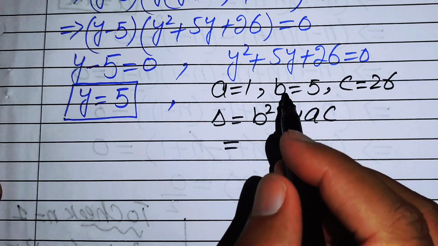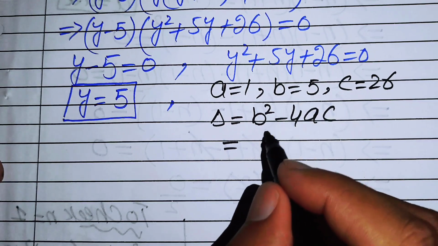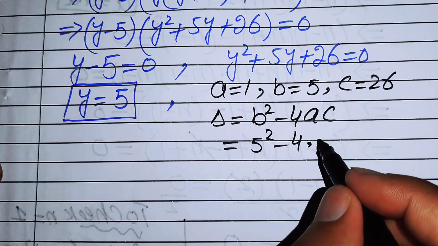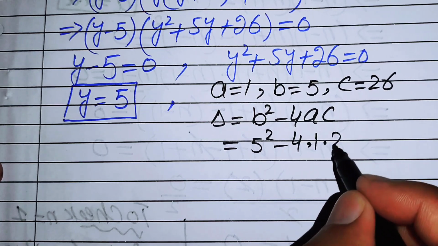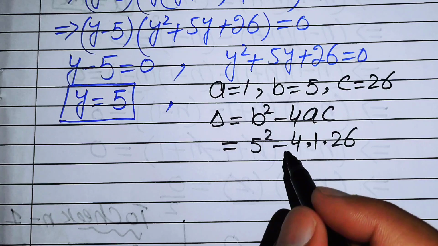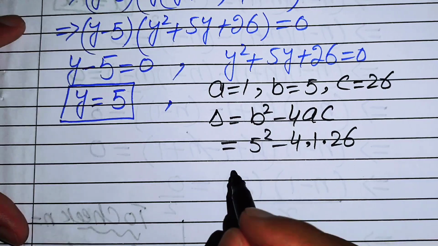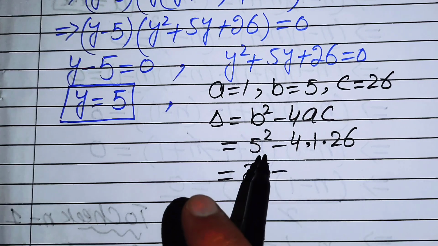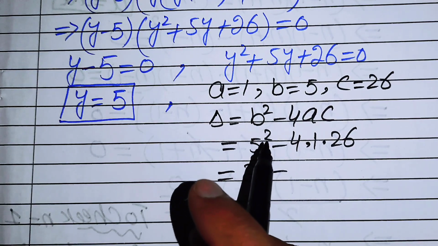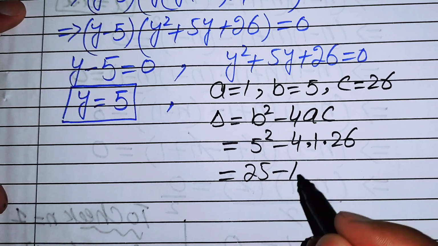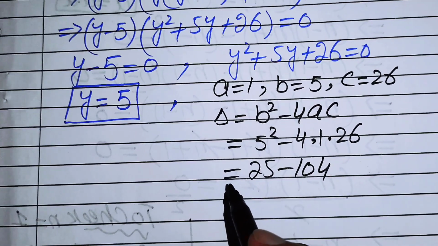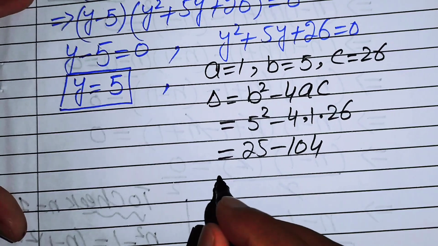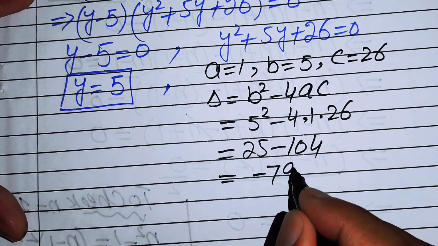And we can put all the values of a, b, c in here, and you get 5 squared minus 4 times 1 times 26, and here you obtain 5 squared is equal to 25 minus 4 times 26, which is 104. And when you subtract 25 minus 104, you get minus 79.